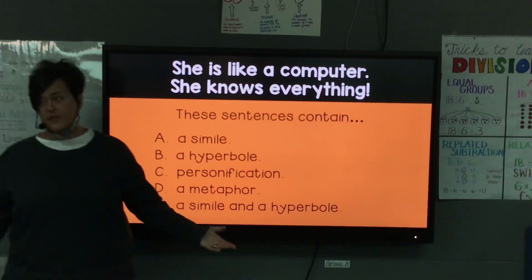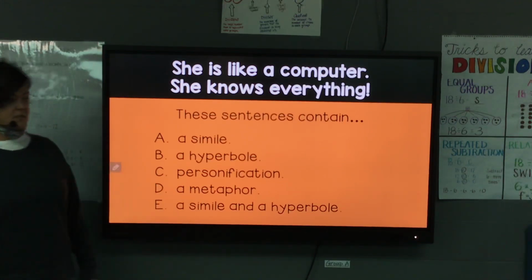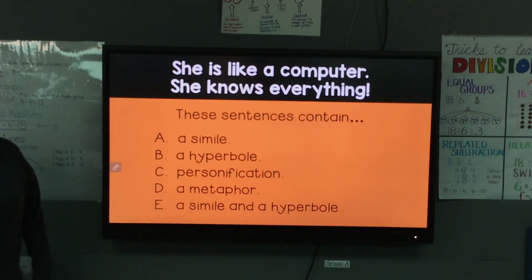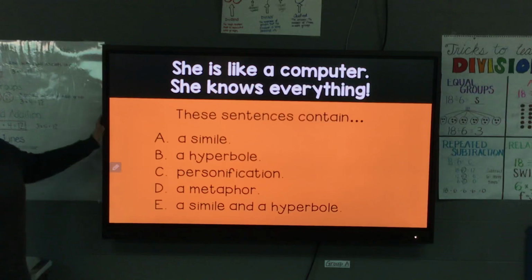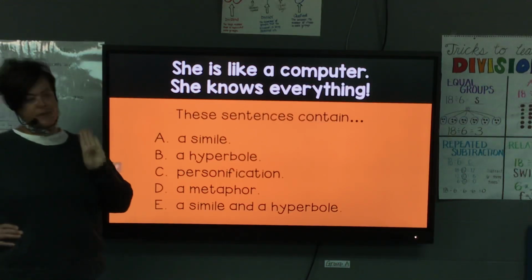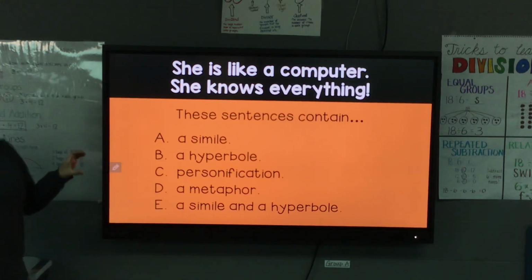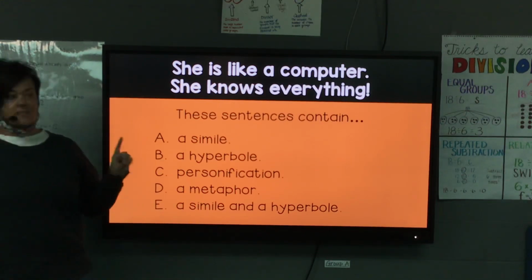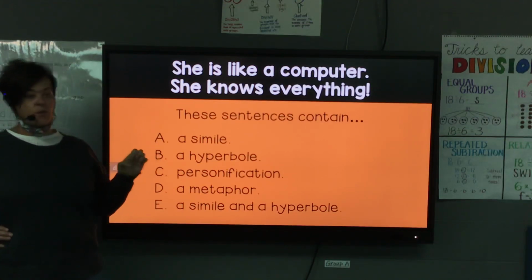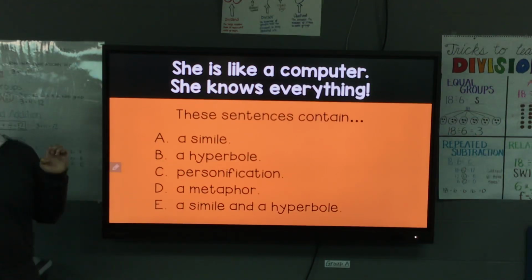She knows everything. So do you think it's A, a simile, B, a hyperbole, C, personification, D, metaphor, or E, simile and hyperbole?